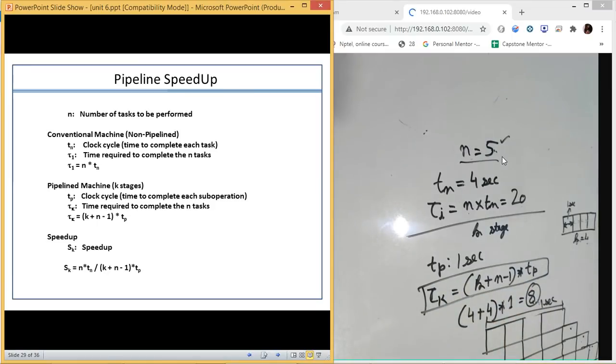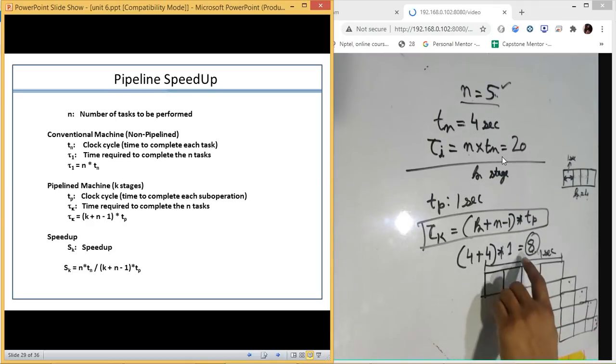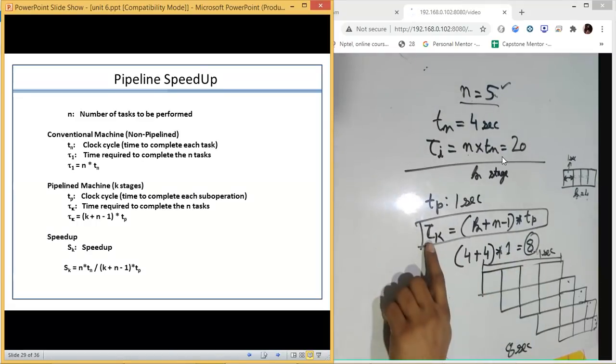You might get certain numericals related to it as well. What is the method to calculate the speed up of a pipeline? Or you might have a question like how to calculate the speed up. So this is the time we are going to spend, and this is Tk.